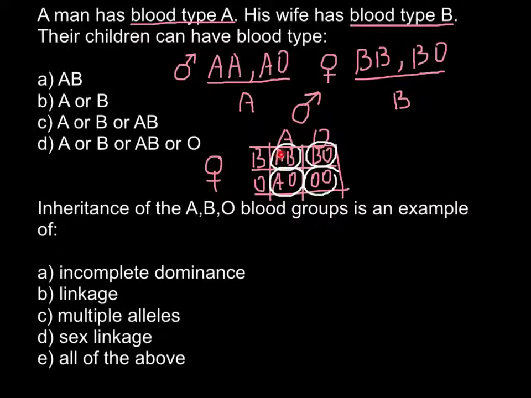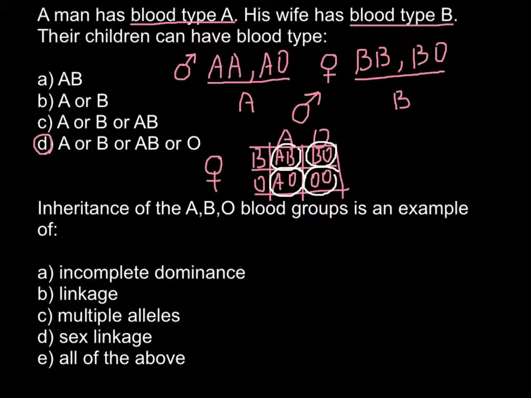So there is no dominant and recessive allele, both of them are co-dominant. And when the O allele is present, O is recessive to both A and B. So phenotype here would be B, and here would be A. And when both recessive alleles are present, such phenotype would be O. So as you see, four different blood groups are possible here, and that means that the correct answer would be D.